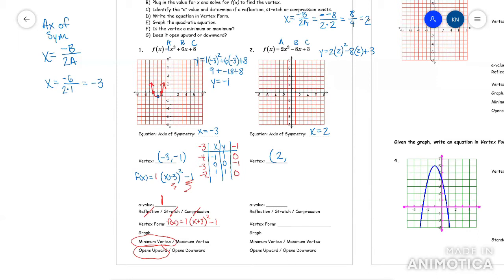Solve this out a little bit. 2 squared is 4, times 2 is 8. 8 times 2 is 16, then plus 3. All right, when you do this, you will get -5. That's the y value of my vertex. So 2, -5 is my vertex right here.